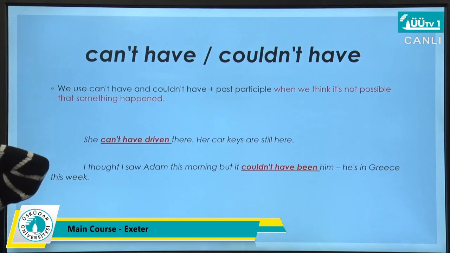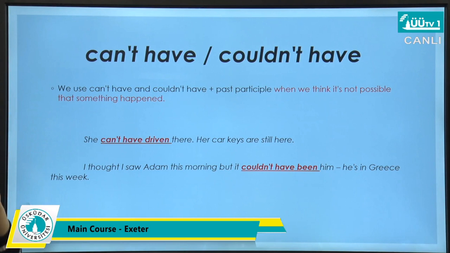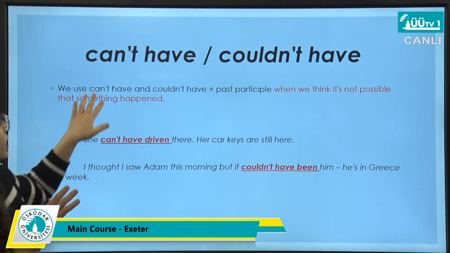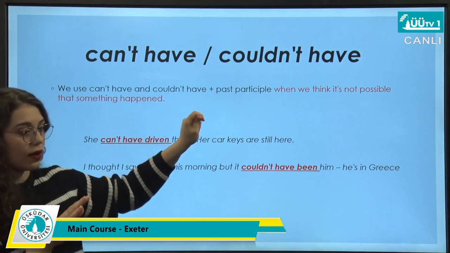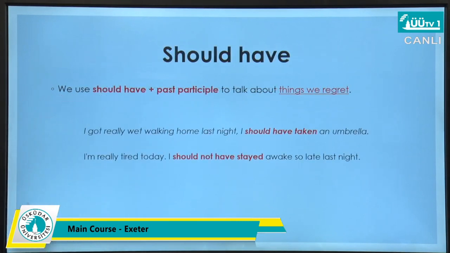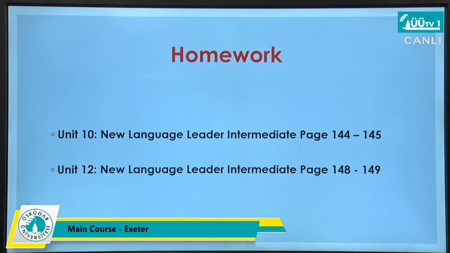When you're very sure that it didn't happen, it's impossible, then you can use can't have or couldn't have. And lastly, when you're talking about something that you regret, that you wish didn't happen, then you can use should have.